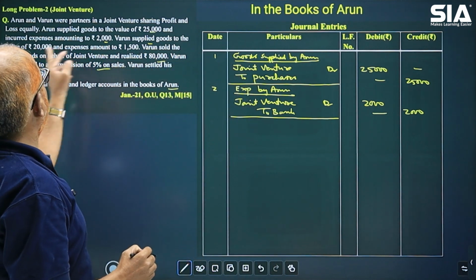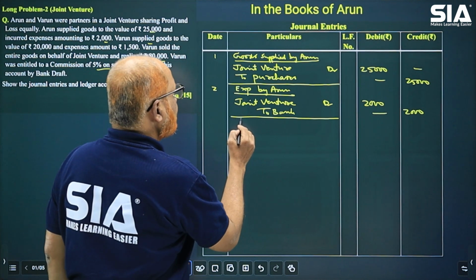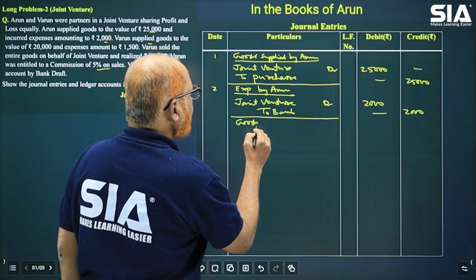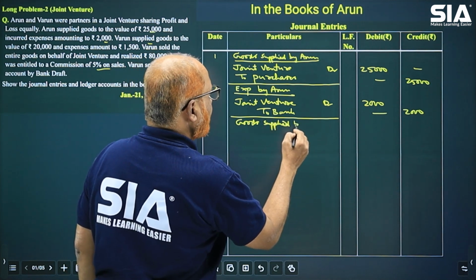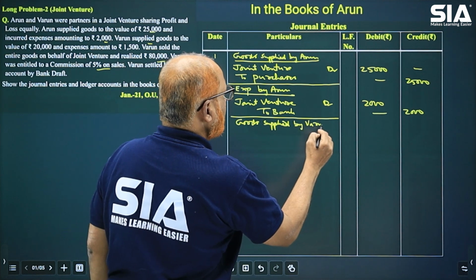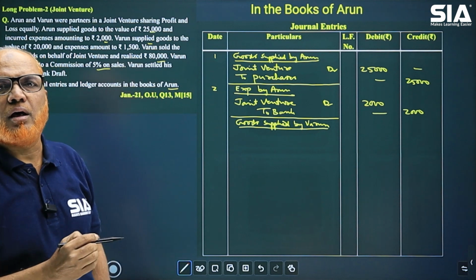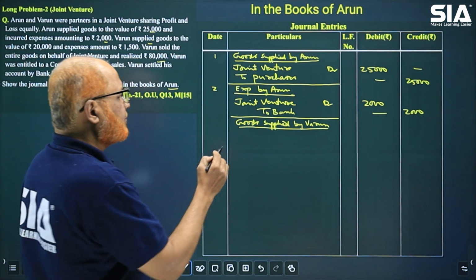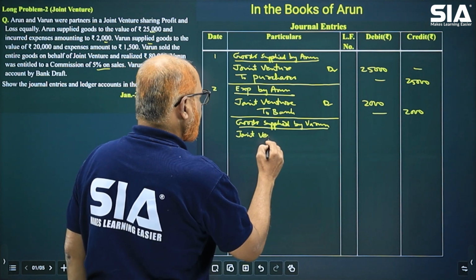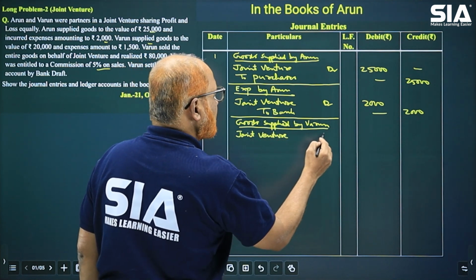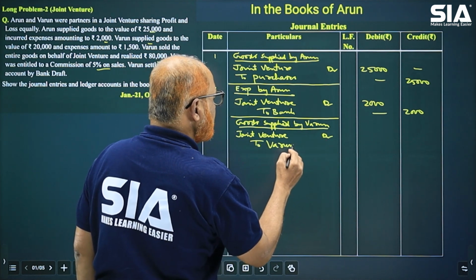Now Varun supplied goods to the value of 20,000. The entry will be joint venture account debit to Varun account, because Varun is supplying the goods.